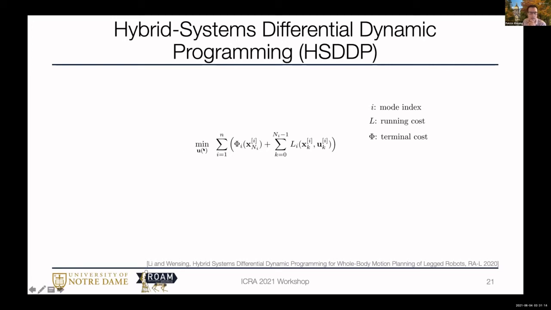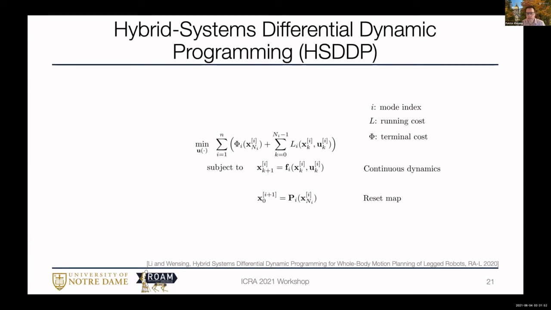We consider a problem where the mode sequence is fixed, so I am now looking at cost functions within each of a number of different modes, and I'm indexing modes by I. We've got different dynamics within each mode. And optionally, for our legged robots, we might have a flight period, and then we come in contact with the ground, and there's an impact. So we include a reset map that is triggered at the end of each segment, setting the initial condition for the next one.